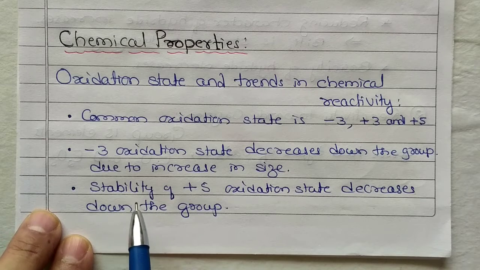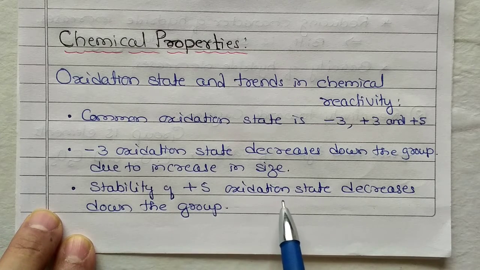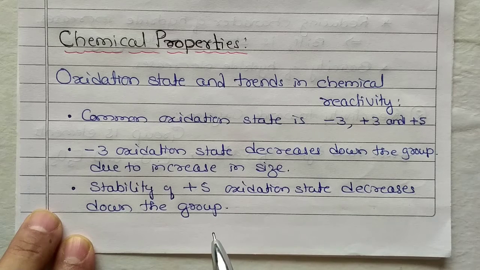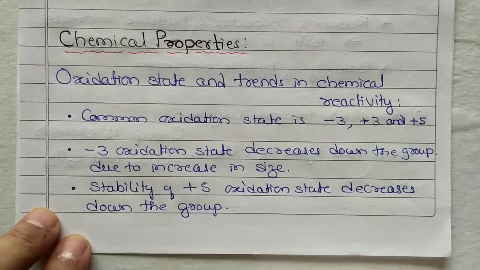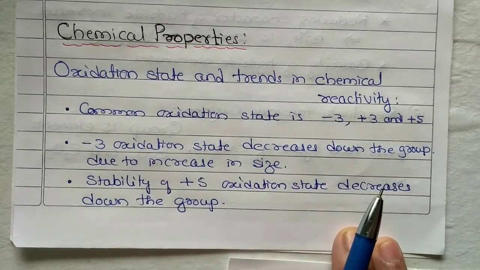Similarly, for stability, the stability of the +5 oxidation state decreases down the group. When you go from nitrogen to bismuth, the compounds exhibiting the +5 oxidation state have decreasing stability as you go down the group. Next, what about the +3 oxidation state?